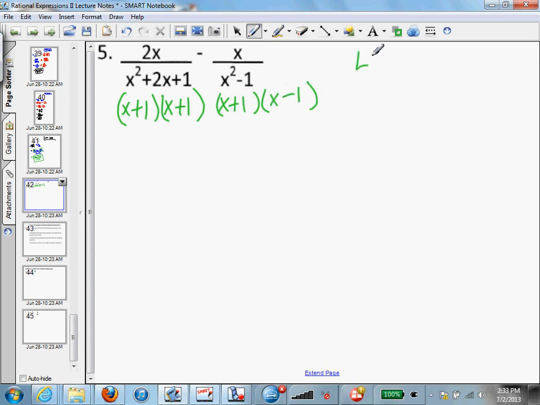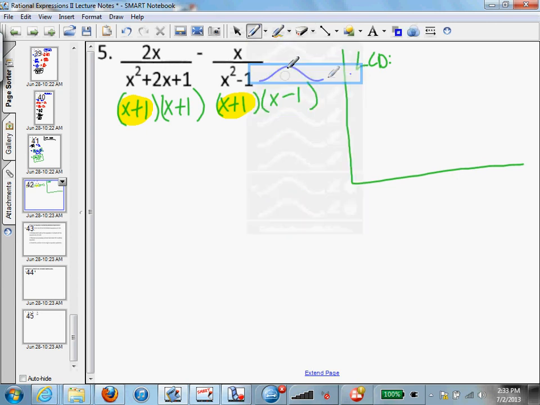So all we want to do for this problem is just to identify what the LCD would be. So the LCD, we know that both pieces would have the x plus 1 for certain. That would be a common term for both.